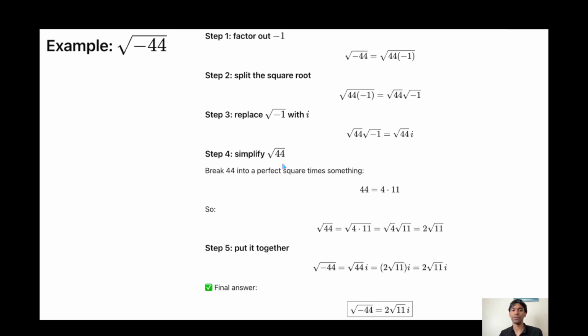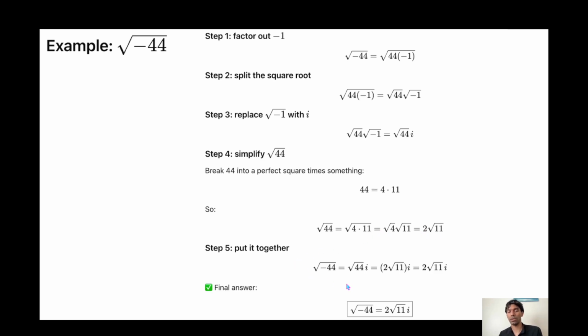Now we simplify the square root of 44. We break the 44 into a square number and a multiple that would give us 44. In this case, 44 is equal to 4, which is a square number, multiplied by 11. And therefore, square root of 44 is equal to square root of 4 multiplied by square root of 11, which is equal to 2 square root 11, with the 2 coming from the square root of 4.